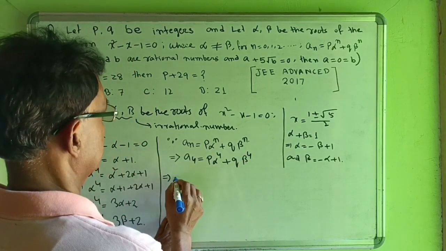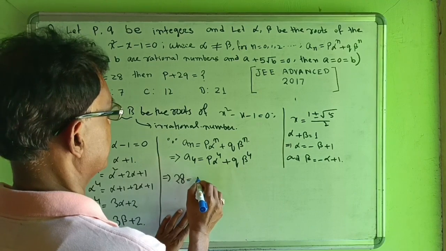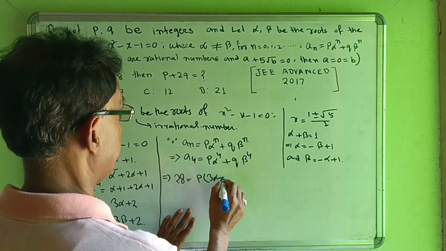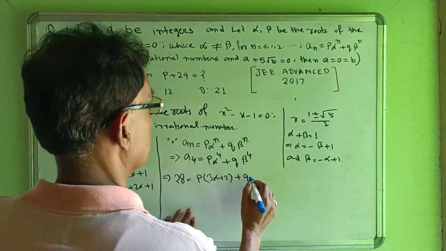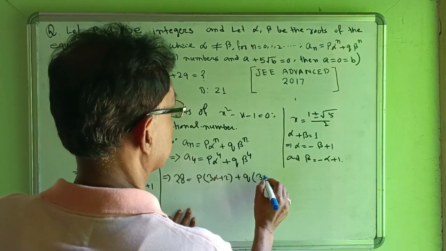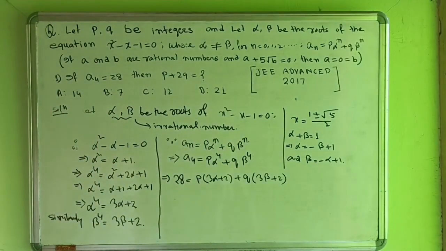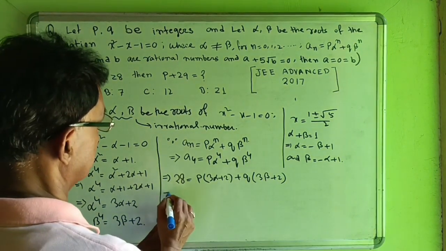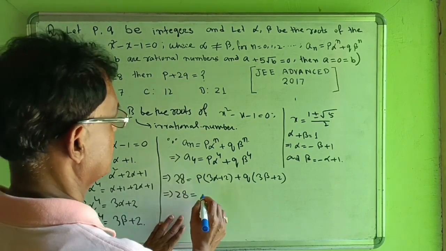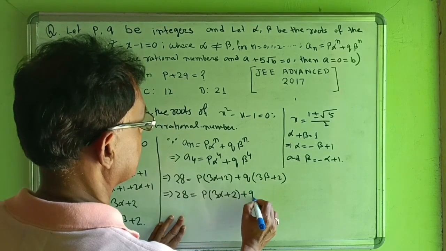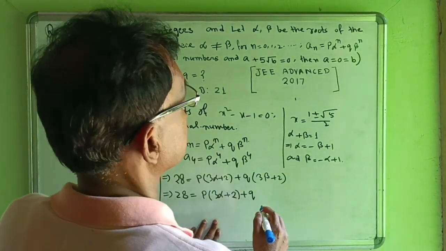This is equal to 88. This implies p times thrice alpha plus 2 plus q times thrice beta plus 2 is equal to 88.